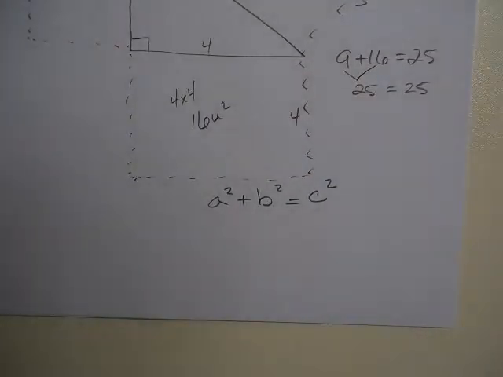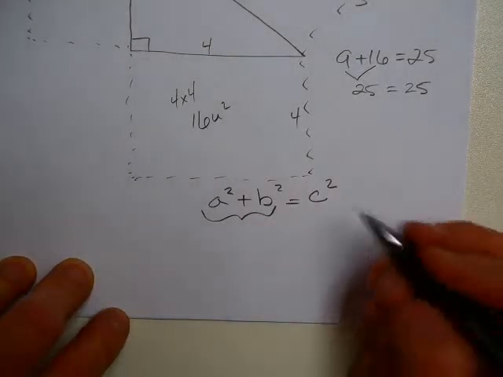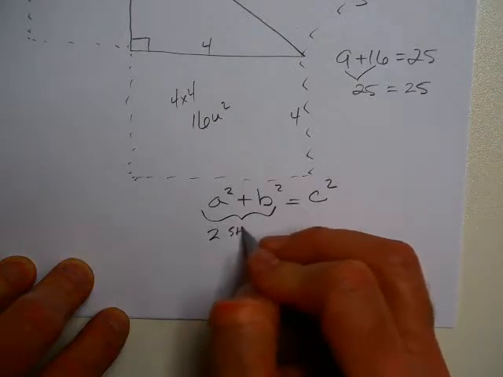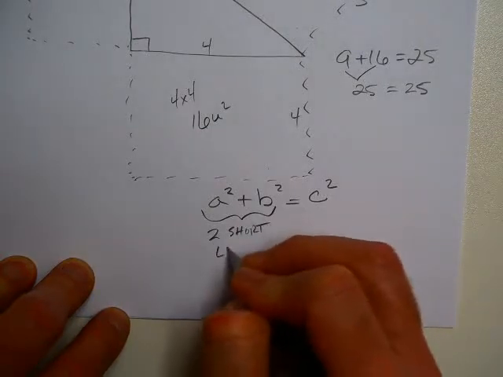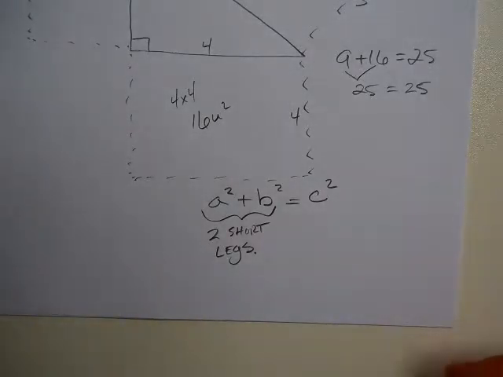A and B are the lengths of the 2 short legs, and it doesn't matter which one you call A and which one you call B. The C is the long leg of the triangle.